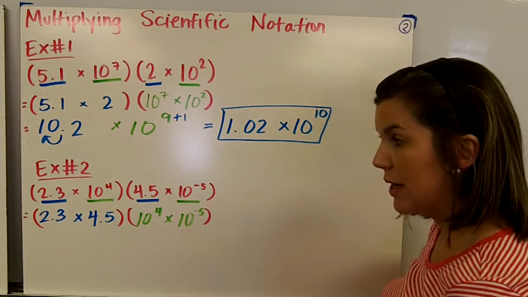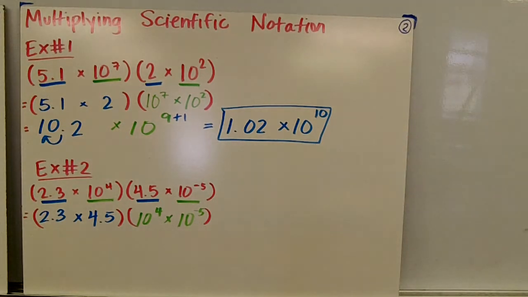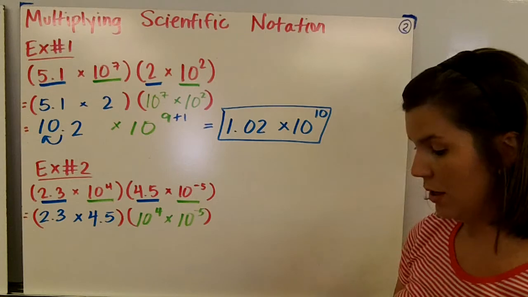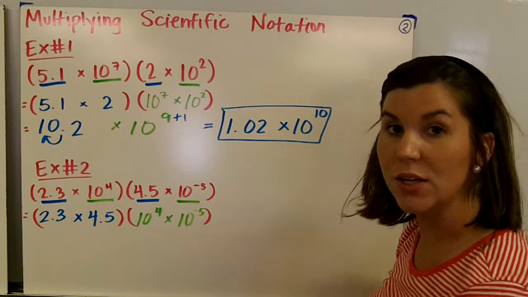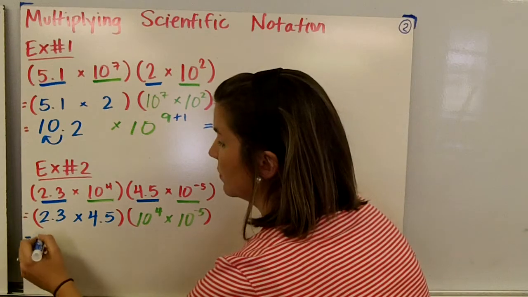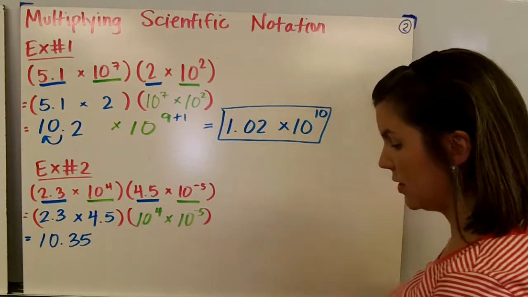Now 2.3 times 4.5. Let me get my calculator. You can go ahead and do this. 2.3 times 4.5, we get 10.35. 10 and 35 hundredths.